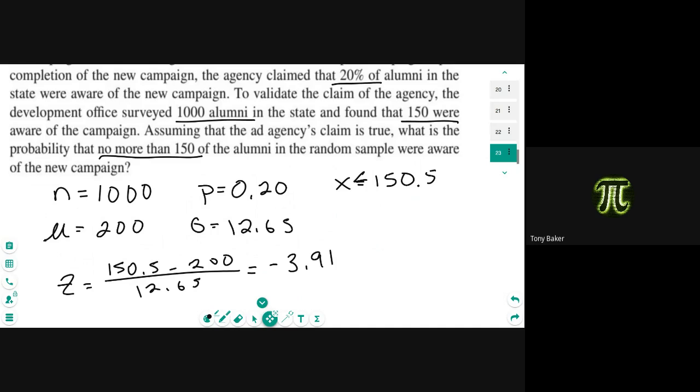Okay, so if their claim of 20% was true, we would have expected more than 150 people to be aware of the campaign. So in this case, their claim was false and they didn't do their job.